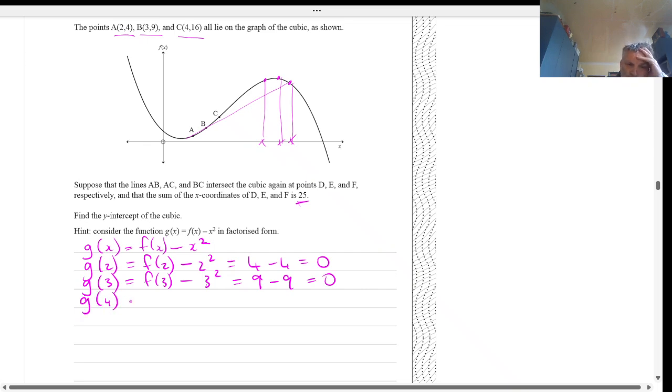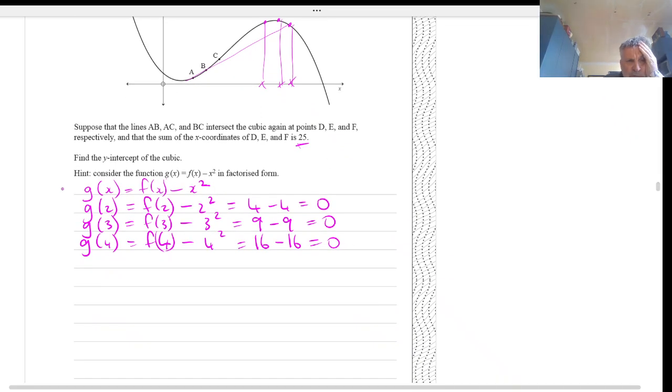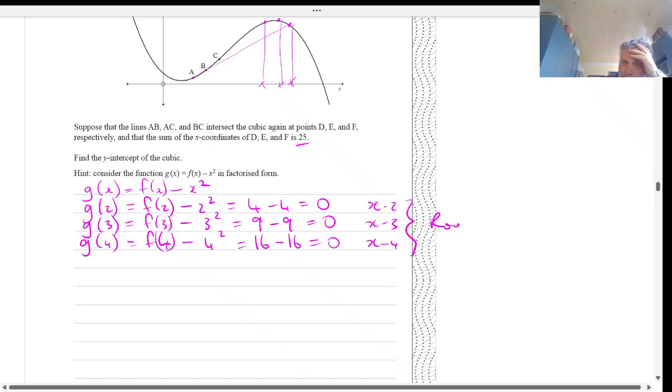G of 4 is f of 4 minus 4 squared, f of 4 was 16, 16 minus 16, that's 0 as well. So what that tells us is that x minus 2, x minus 3, and x minus 4 are all roots, not of f, but of g.